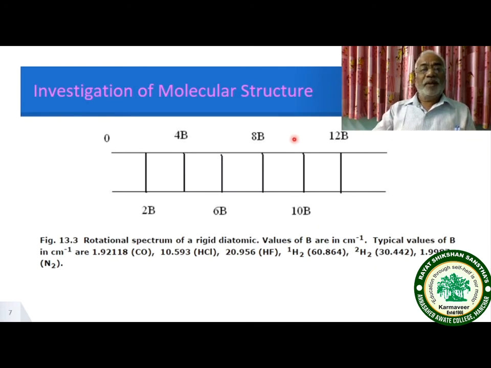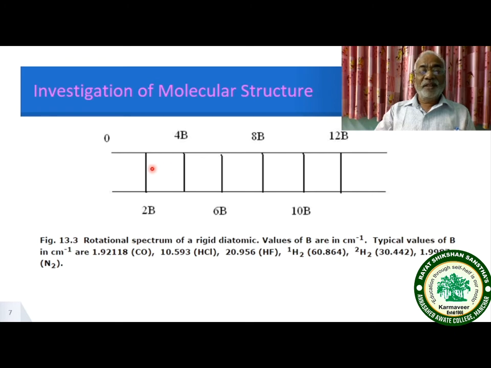And the stick diagram of a rotational spectrum one can show like this: 0B, 2B, 4B, 6B, 8B, 10B, 12B, 14B and so on. And the difference is of 2B.